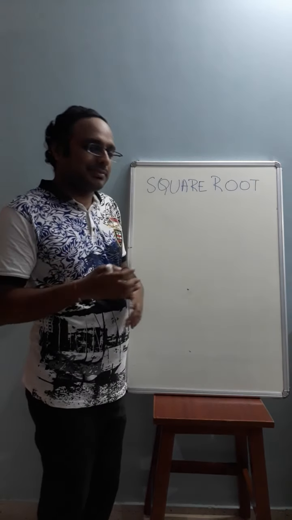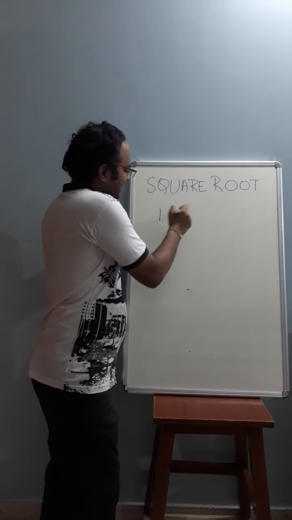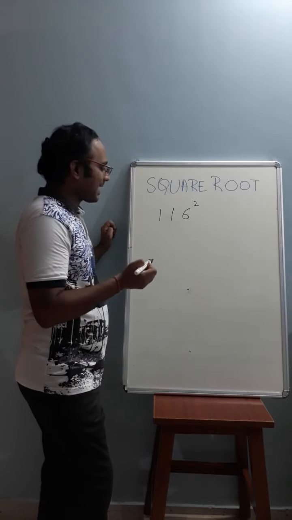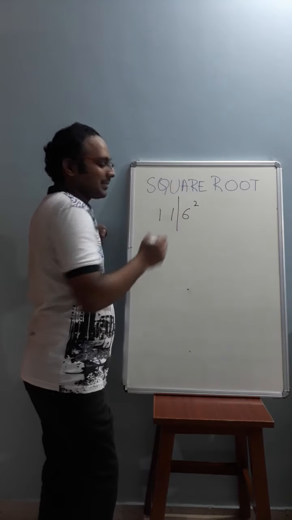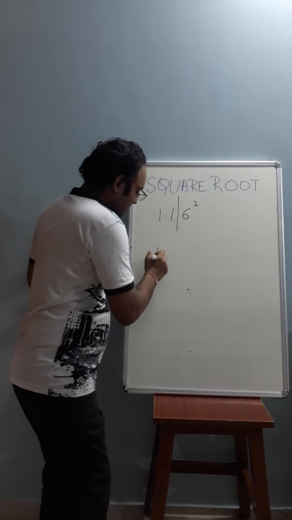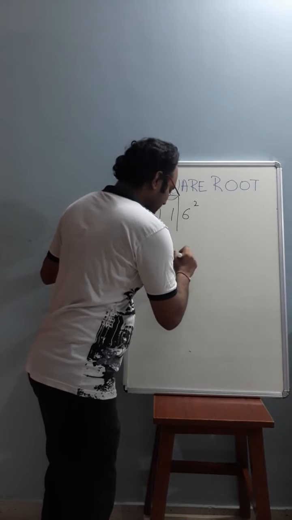Consider a few more examples. Consider 116 square. Write a slash after one digit from right hand side. Write 11 square, that is 121. 6 square, that is 36.